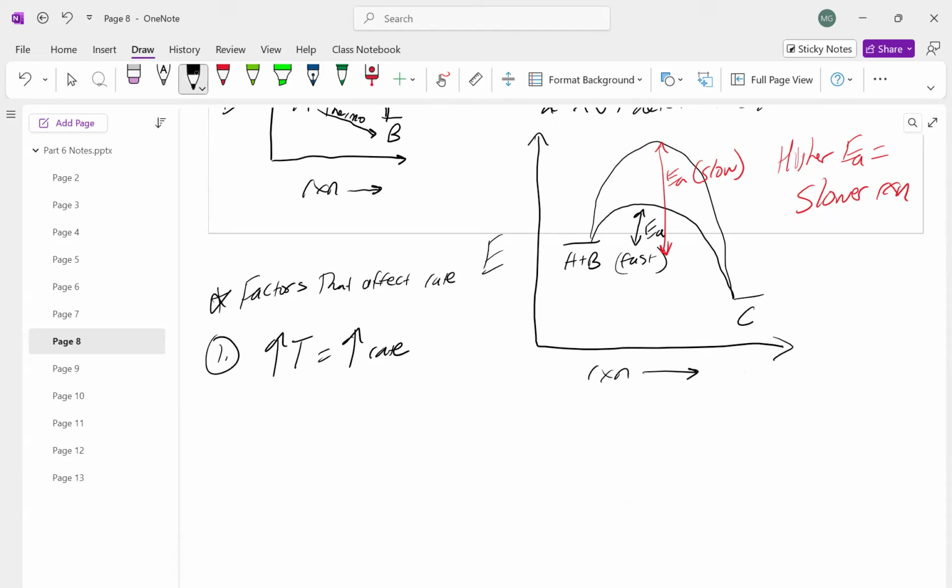And generally, increasing it about 10 degrees, and this is a very general observation, approximately doubles the rate. And that's an exponential relationship. What I mean is that if you increase it by 40 degrees, that's not 8 times the rate, it's 2 to the fourth, which is 16 times the rate.